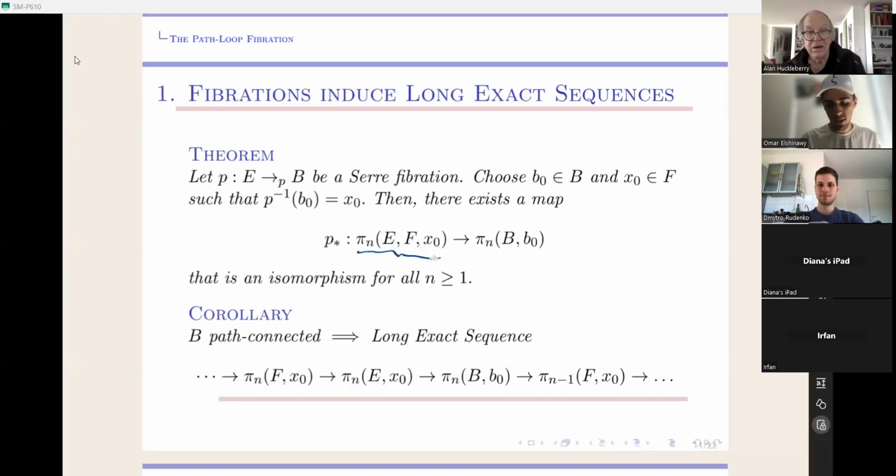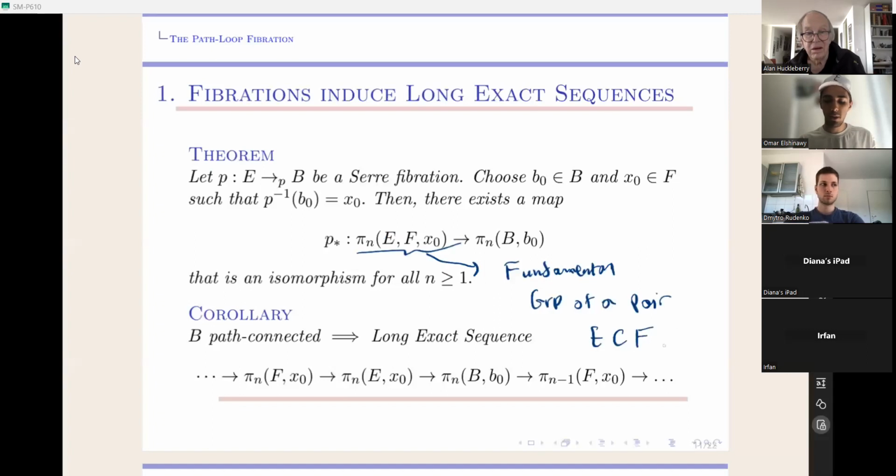So this is the fundamental group of a pair where E is a subset of F, and the other way around, yes, F is a subset of E, and based at X naught.